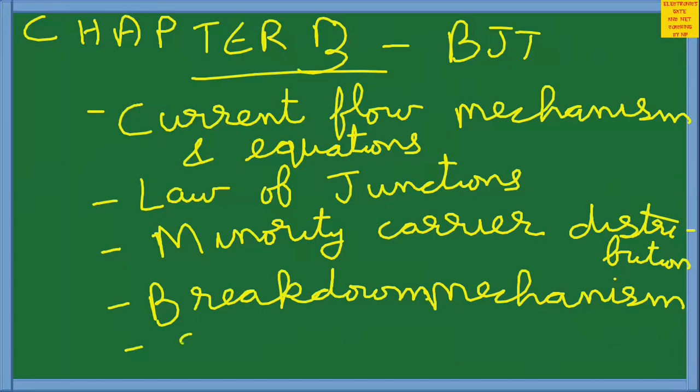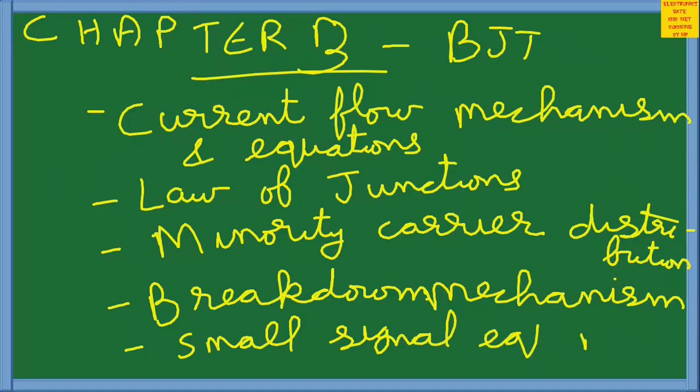And finally, we will study the small signal equivalent models of BJT. And then we will move to our final chapter. Our chapter 4 is about MOS capacitor.